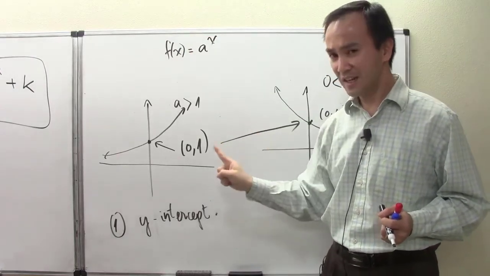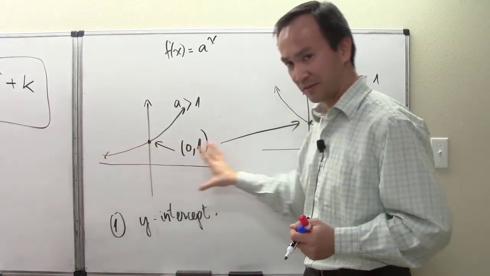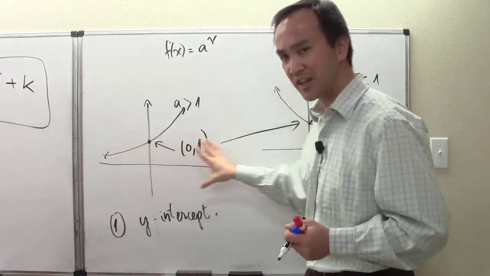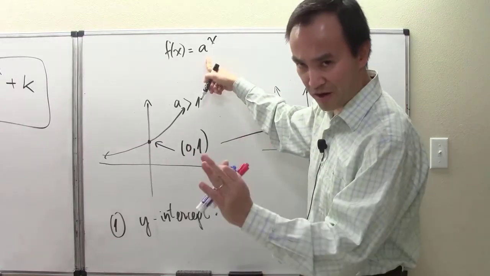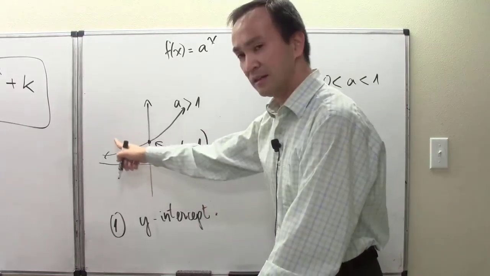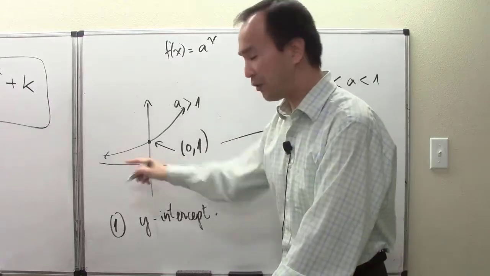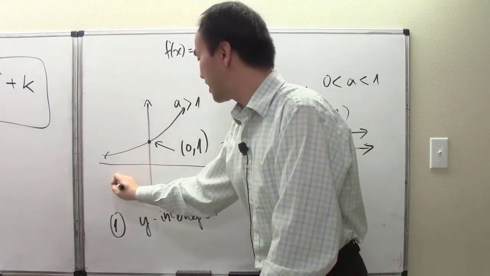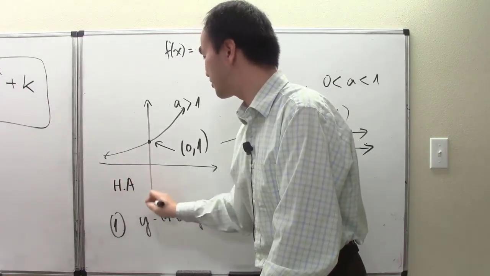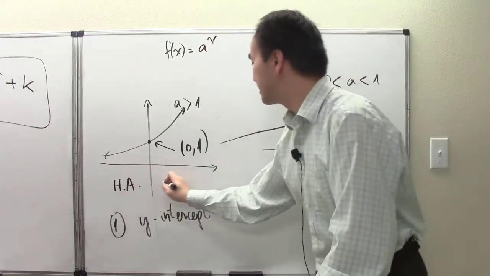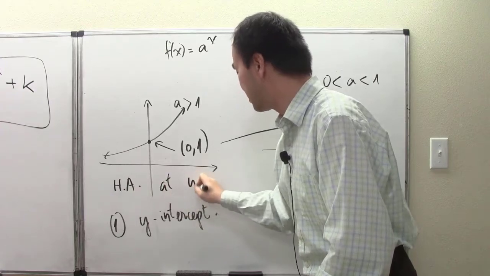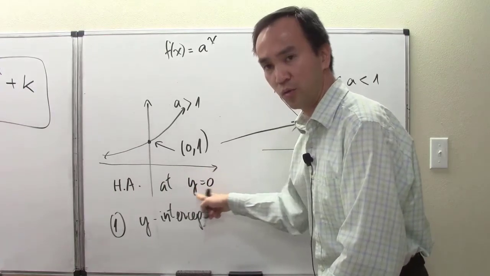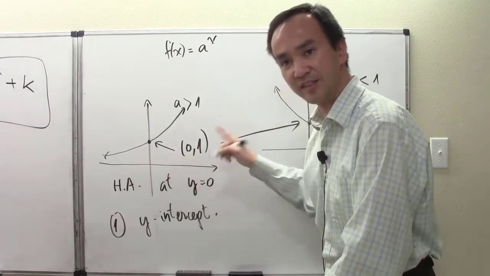The next thing that we have already seen throughout our investigations earlier, again on an ordinary exponential function, is that any one of these has a horizontal asymptote. HA is short for horizontal asymptote, at the line y equals 0, namely the x-axis.